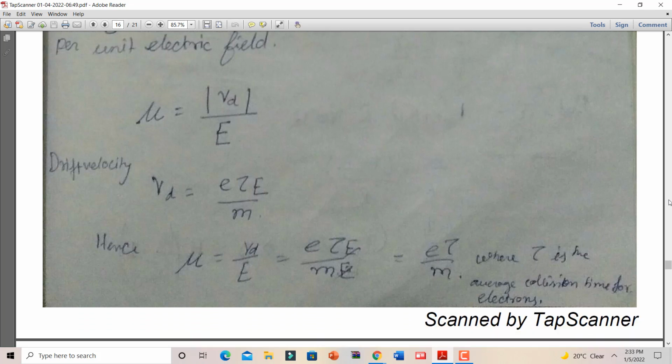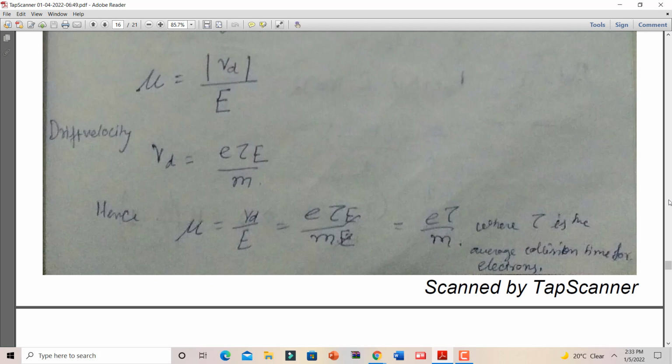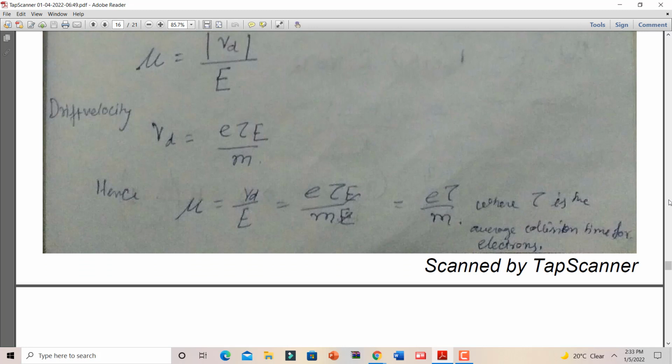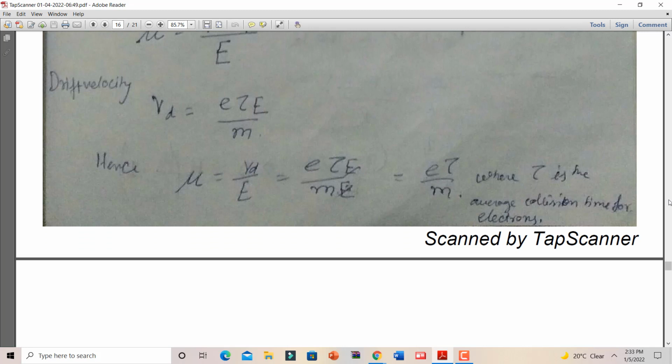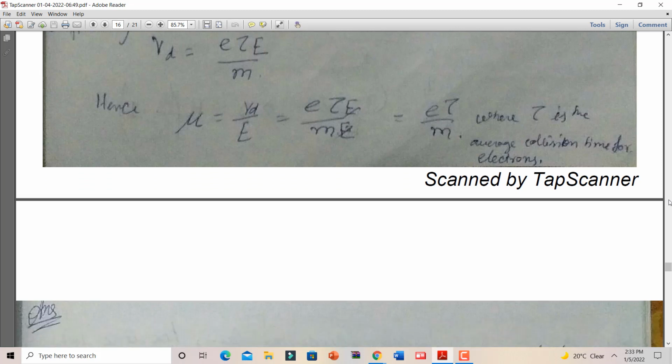Hence mu is equal to Vd by E, which is equal to e tau by m, where tau is the average collision time for the electrons.